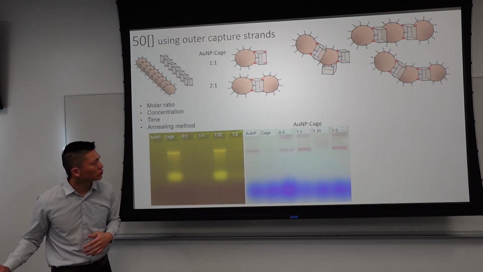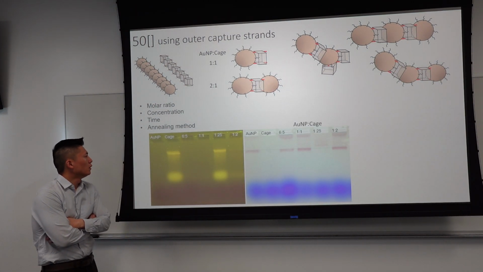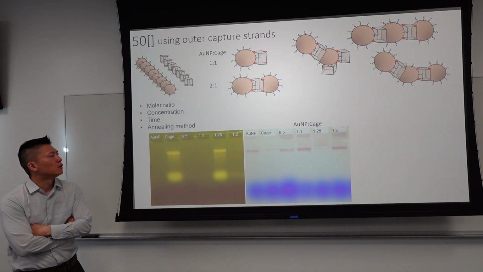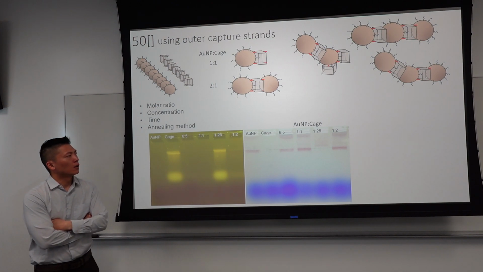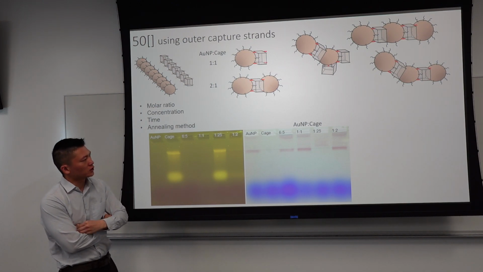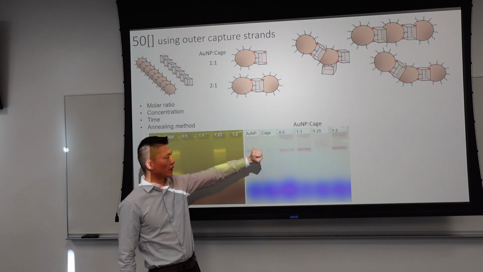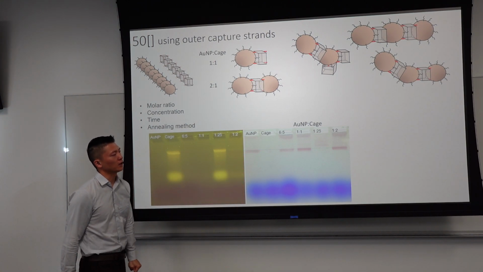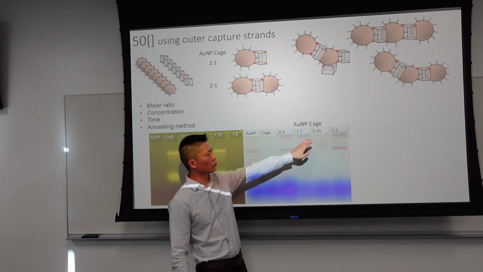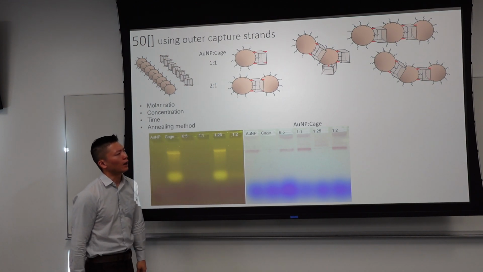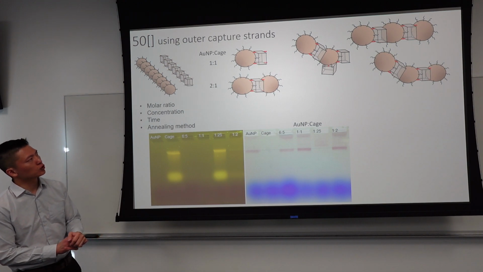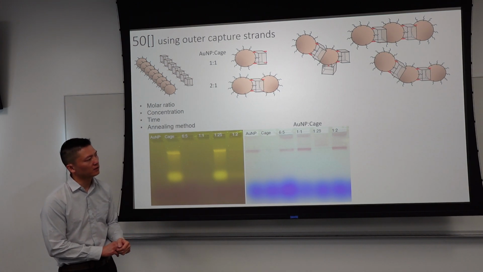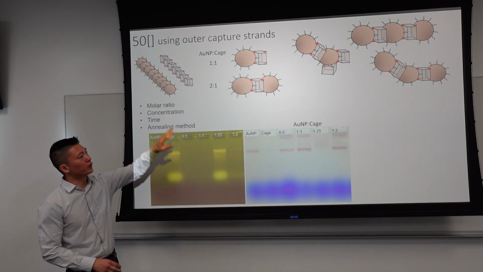Anyways, I do show some gels here. I varied the ratios, the gold nanoparticle to cage ratios, which are 6-to-5, 1-to-1, 1-to-25, and 1-to-2. In this example here, I'm just trying to see if I can find a band for the 1-to-1.